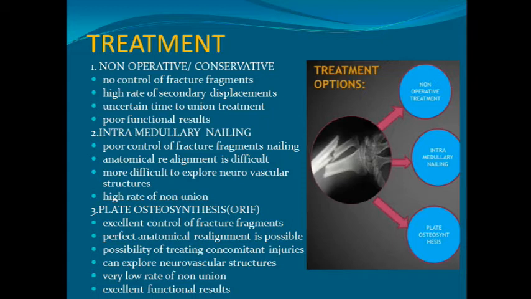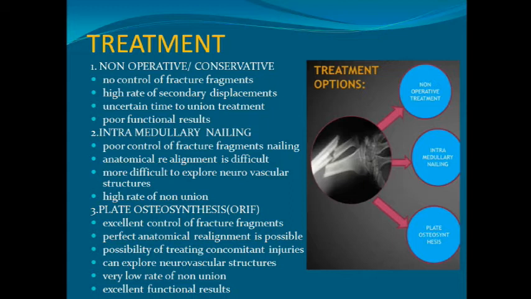What are the demerits of non-operative treatment? There is no control of fracture fragments, a high rate of secondary displacement, uncertain time to union, and poor functional results. Closed methods don't give very good functional results, as we apply the cast for around 6 weeks, so there is restriction of joint movements after we remove the plaster.